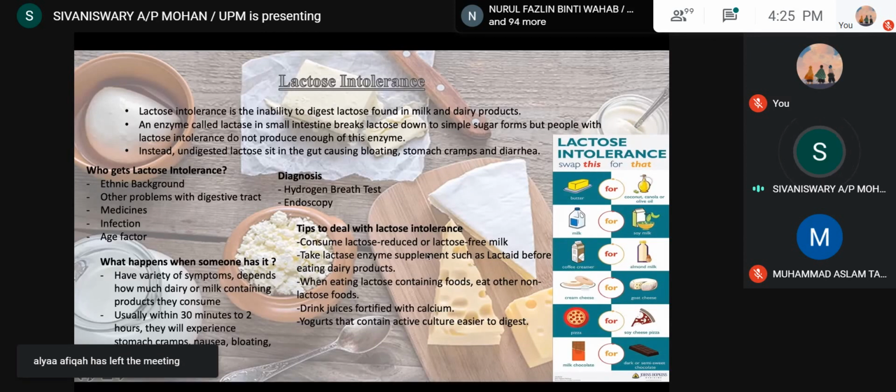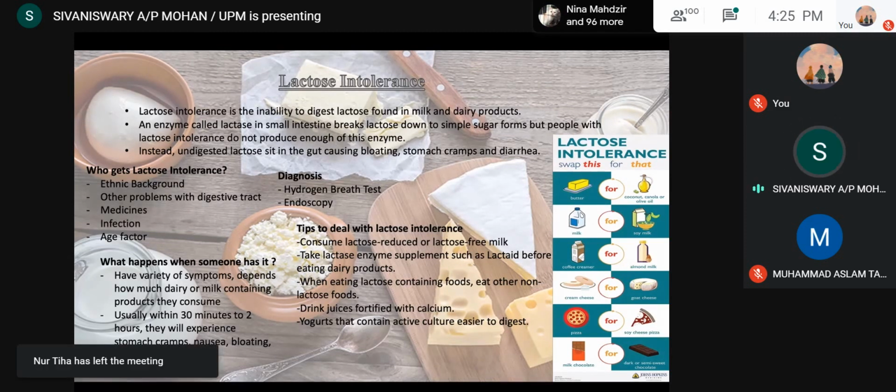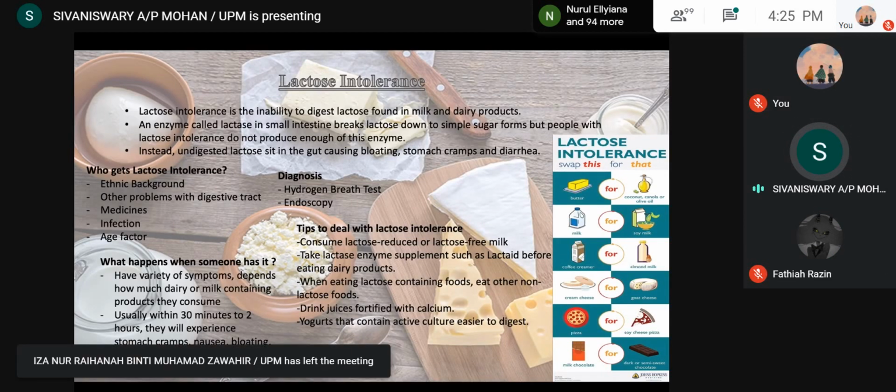Next, when eating lactose-containing food, they can eat other non-lactose food together. For example, if you're going to drink a milkshake, they can eat a sandwich together so that the digestion is slower and we can avoid the symptoms. Here we see drink juices fortified with calcium.